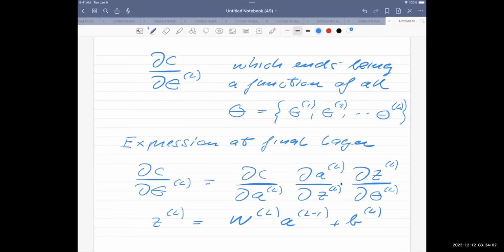Here we have the explicit dependence on the parameters theta, which is given by the weights and the biases. So the weights and the biases which we have here are described by this common container. That means we have to calculate a derivative here for the weights and the biases.